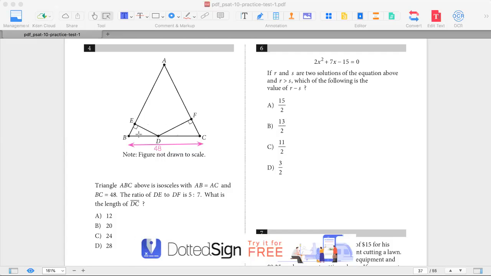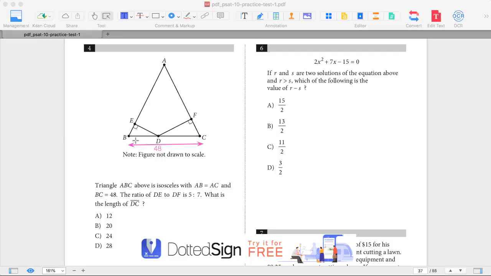So the two triangles BED and CFD are similar. So the corresponding sides of the similar triangles are proportional.